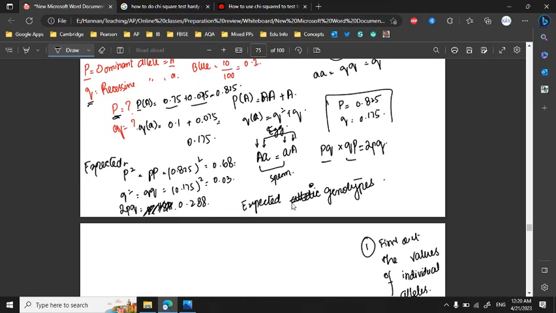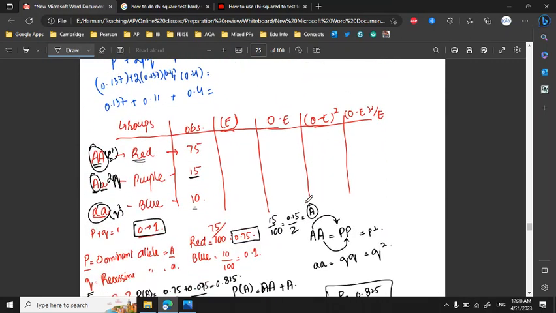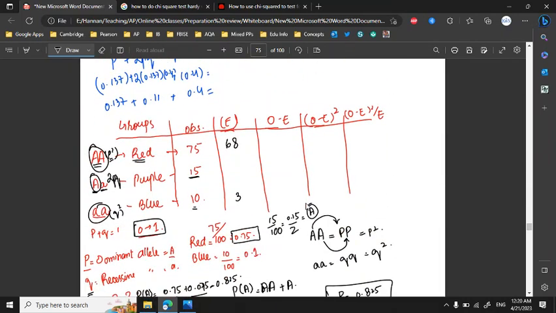If you multiply it with 100, it is going to be 68, it is going to be 3, and this one is going to be 28.8. So now let me write it. The expected value of AA is 68. The expected value of aa is 3, and the expected value for 2PQ is 28.8.